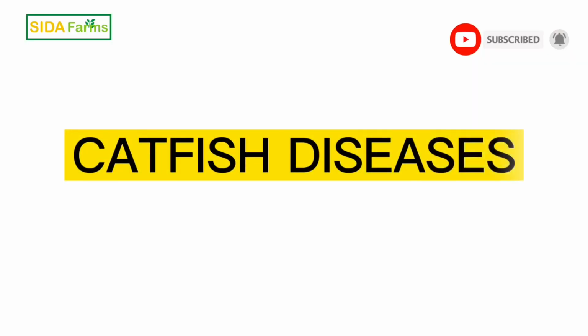Now, in the last class I said we are going to be talking about the diseases of catfish in today's class, and I hope you're ready to learn, because you have to know the signs, you have to know all this so as to know when to administer drugs to your fishes, so as to know when to give a certain kind of drug for a certain kind of disease or infection. So let's get right into it.